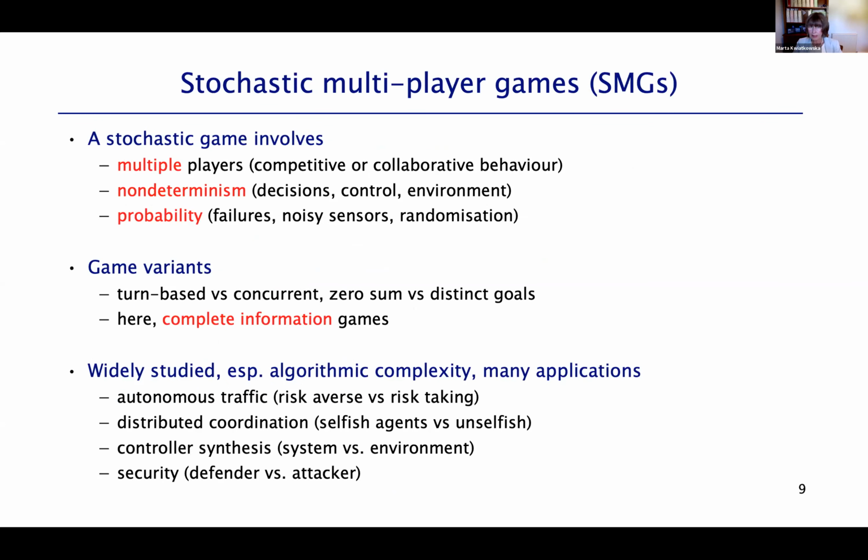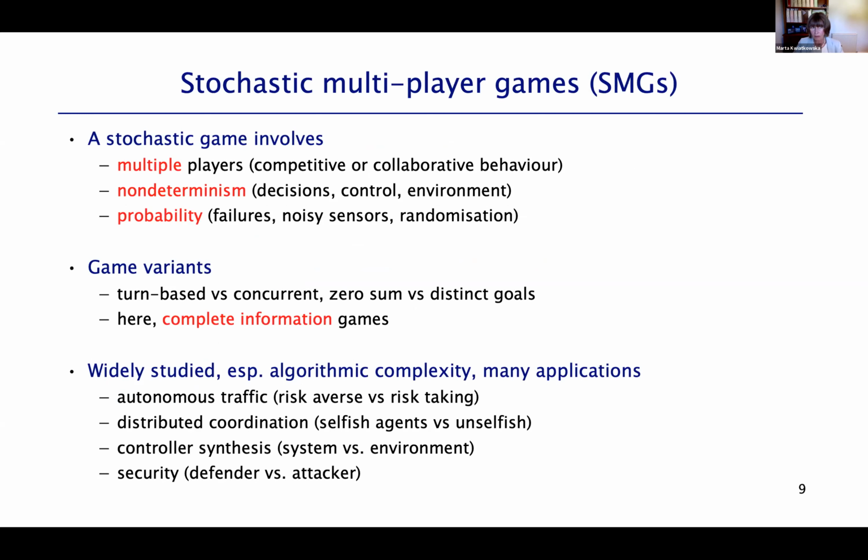Okay, so what is a stochastic multiplayer game? Well, a stochastic game, obviously, has to involve stochasticity, and that stochasticity comes from quantifying the probability of failures, perhaps from noisy sensors, perhaps intentional randomization in distributed coordination.